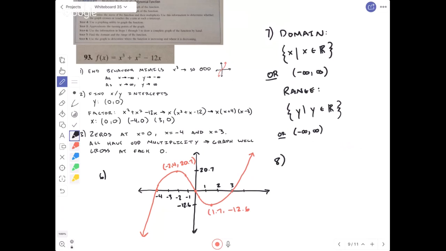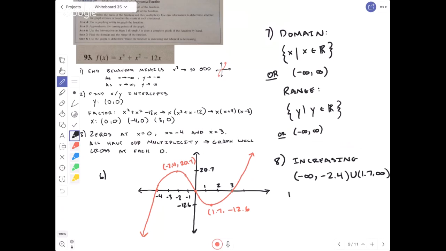So now I can say, where is the function increasing and decreasing? Step 8. The graph is increasing on the interval from negative infinity to negative 2.4, and then it's increasing again from 1.7 to infinity.